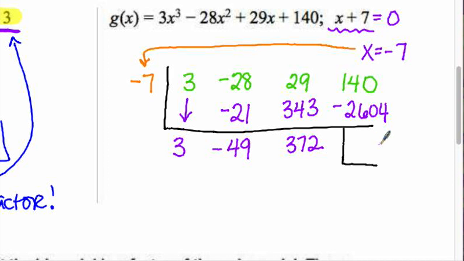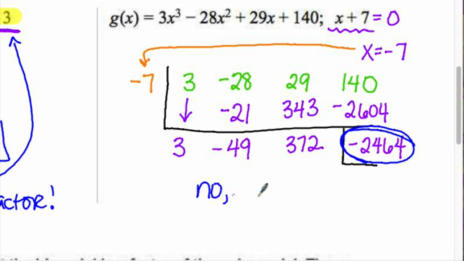And then we add going down, and I get negative 2464. So because our remainder is not 0, in fact, it is way not 0, this would be no, x plus 7 is not a factor.